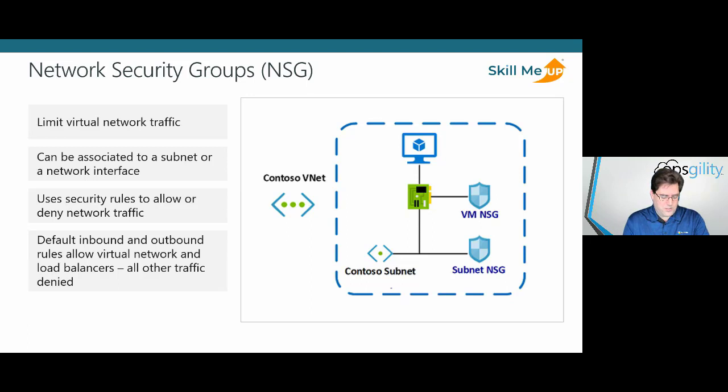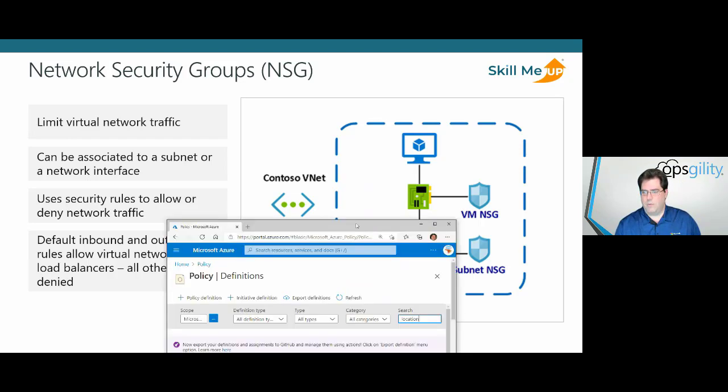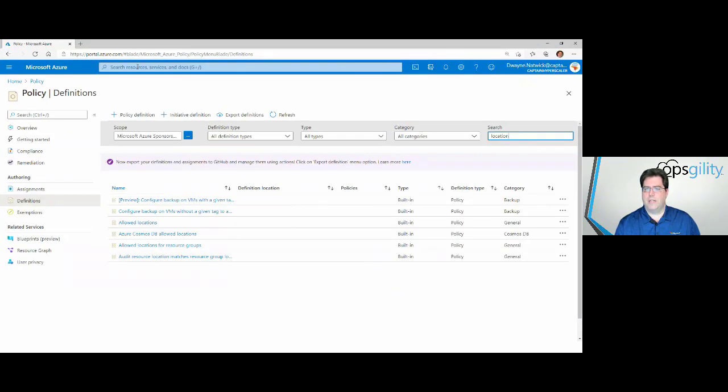There are some default inbound and outbound rules for the virtual traffic. Those rules are to block all inbound internet traffic, to allow all virtual network to virtual network traffic, both inbound and outbound, allow inbound load balancer traffic, and the other is, and we can go to network security groups to remember that, because I don't remember off the top of my head.